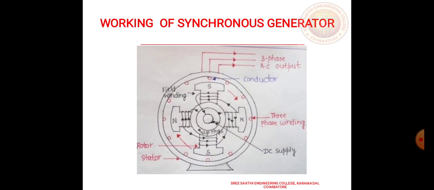As rotor rotates, the armature conductors are cut by magnetic flux, and hence an EMF is induced in armature conductors which is on the stator. The direction of induced EMF can be found by Fleming's right-hand rule, and its frequency is given by f = Pn/120, where P represents number of rotor poles and N represents speed of rotor in RPM.